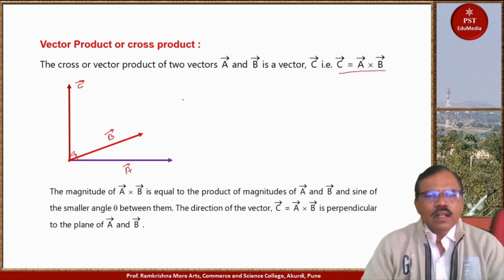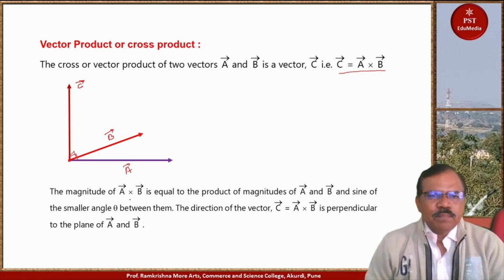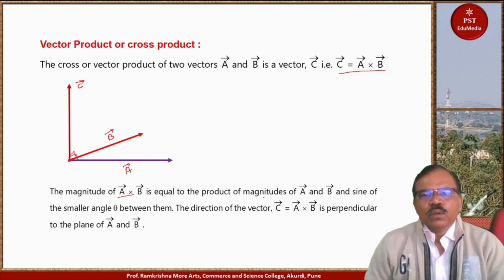Now here the magnitude of A cross B, means magnitude of C, because C is A cross B, is equal to the product of magnitudes of A and B and sine of the small angle between them.